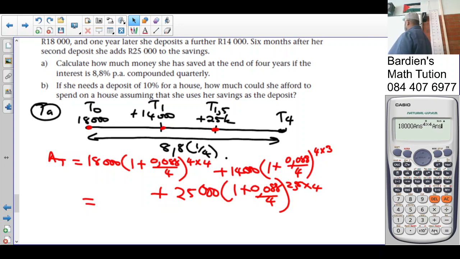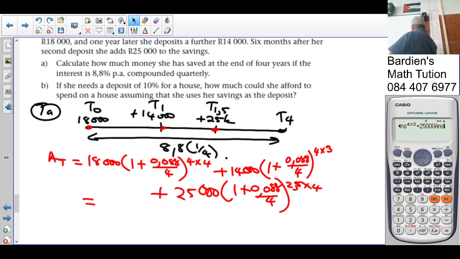Plus what? 14,000. Oops. Plus 14,000. Then answer to the exponent. 4 times 3. Plus what? 25,000.